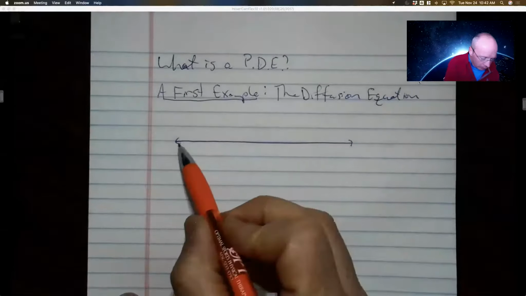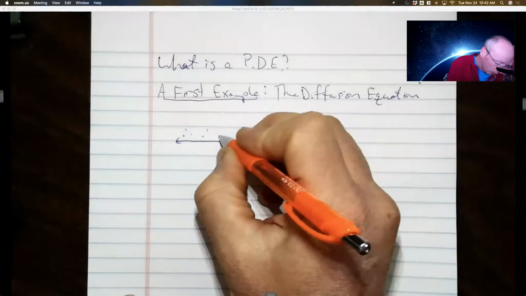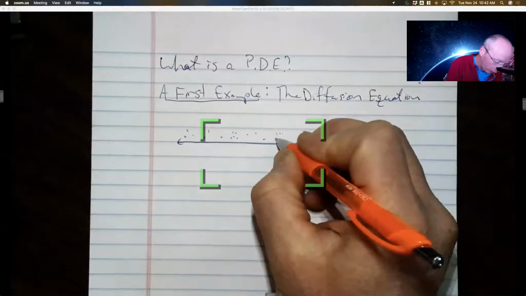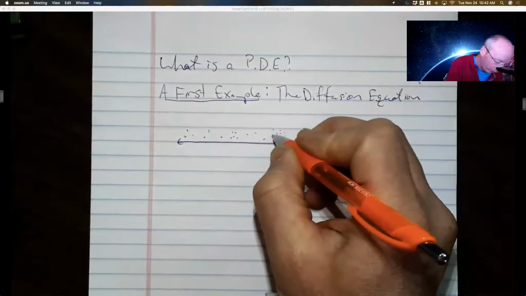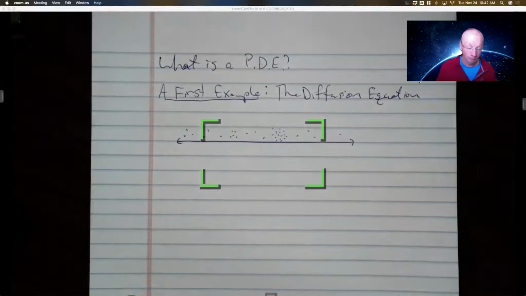So take, for example, we've got a number line here, and say we've got particles of gas that are distributed kind of at different densities along this number line. So in some areas, the gas is really dense, and in some areas, the gas is very sparse.